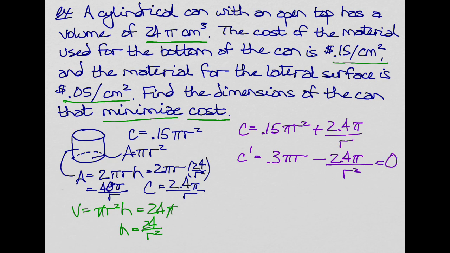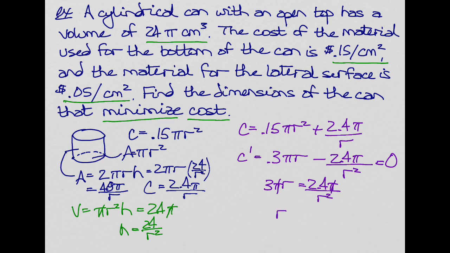So a little equation to solve. I got 3 pi r equals 2.4 pi over r squared. I'm going to divide by pi. I'm going to multiply by r squared and divide by 3.